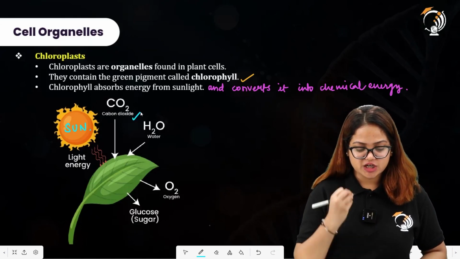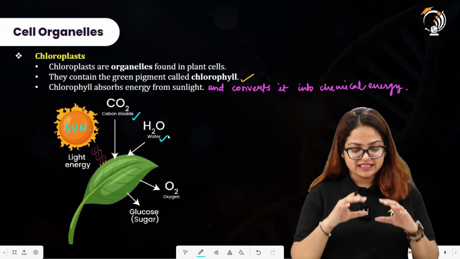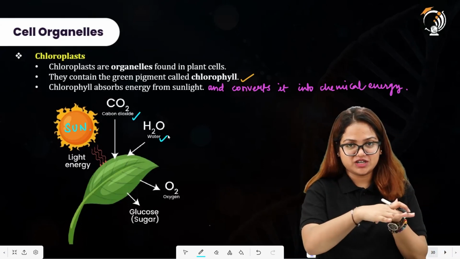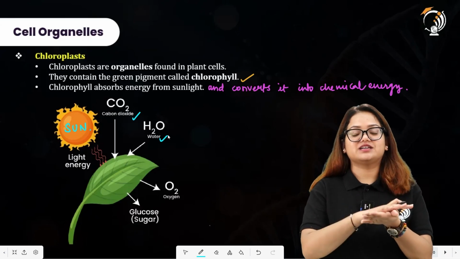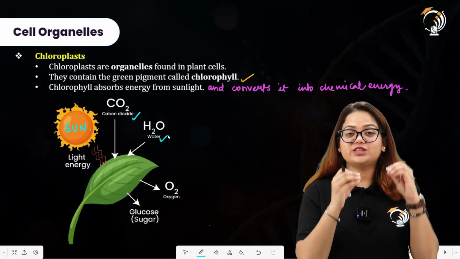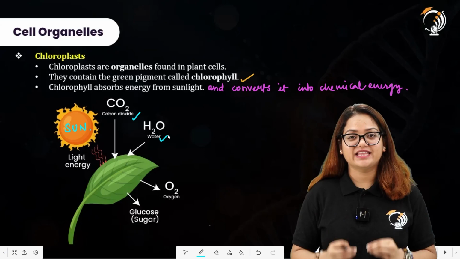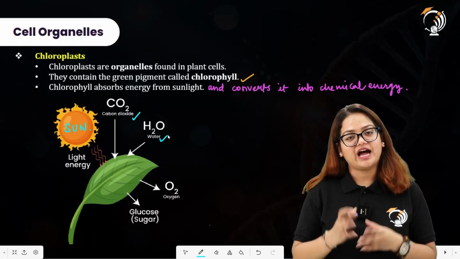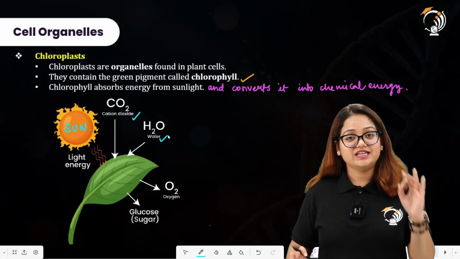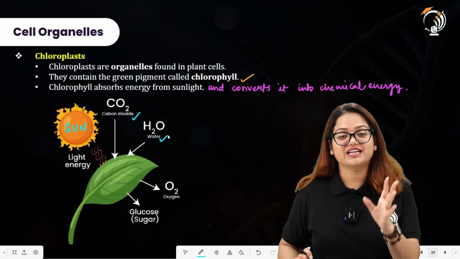The carbon dioxide is required, the water is required, and these chloroplasts are present in the leaf structure. Those structures in a plant that appear green in color are able to photosynthesize. Even the young stem will photosynthesize if it is green.